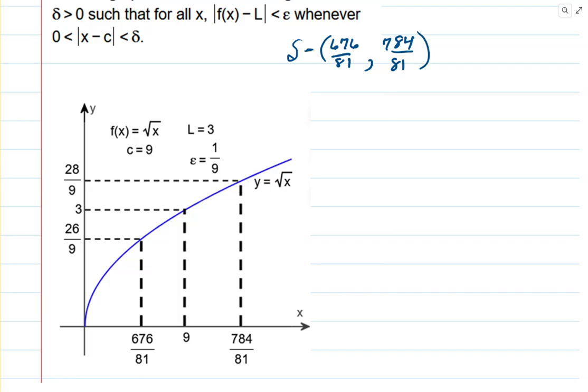Is everybody comfortable with that? Here we go. We're going to structure it. Now we have our interval, and we have our C. Is everybody comfortable with that?